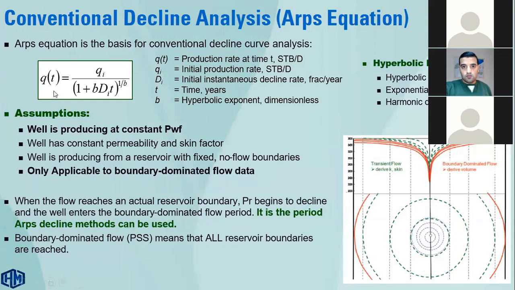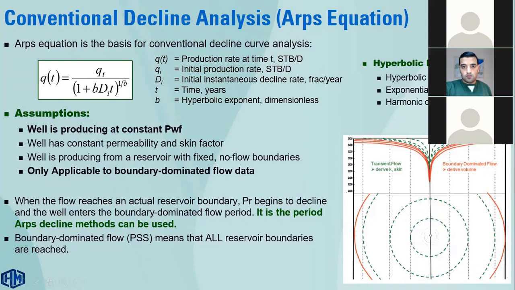It is used to calculate oil rate at time t as a function of initial rate and b, the hyperbolic exponent, and Di, which is a very important parameter in this equation, the initial instantaneous decline rate, and the time for the forecast. We typically have three different forms of this equation based on the value of hyperbolic exponent b.